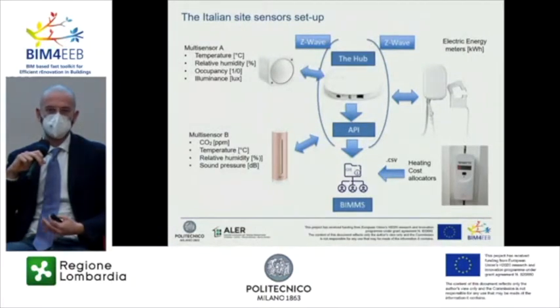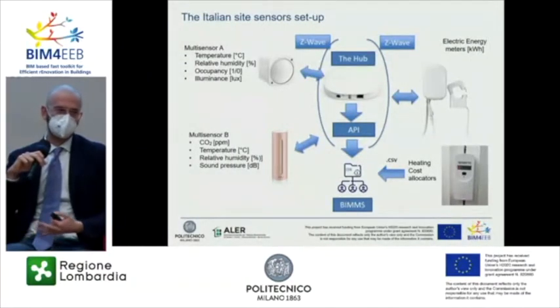There's a hub connected to the internet. So thanks to the API, we talk with the BIM management system, so the BIMs, that, of course, will make all of these data points available to other tools or other applications that we will see in the rest of the morning.